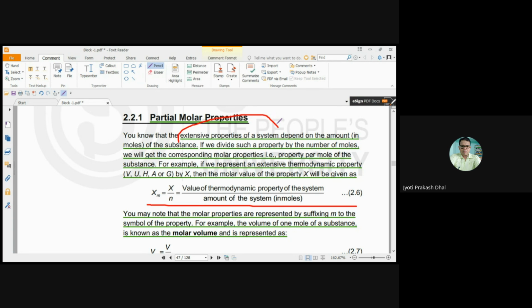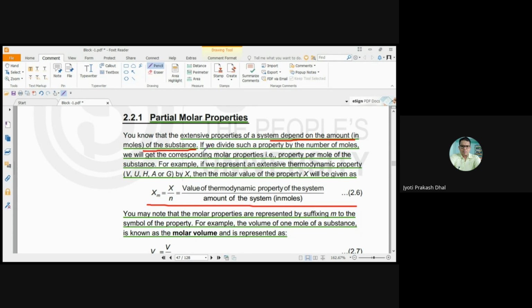But an extensive property is dependent upon the amount of substance present in the system. So the partial molar properties are used for extensive properties of a system, because extensive properties depend on the amount of the substance, that means on the number of moles of the substance present in the system.